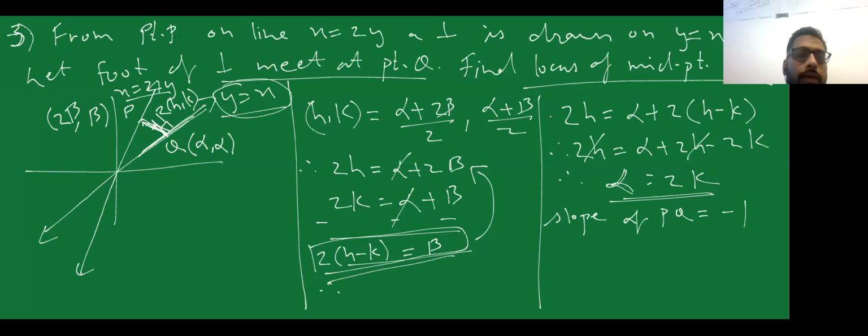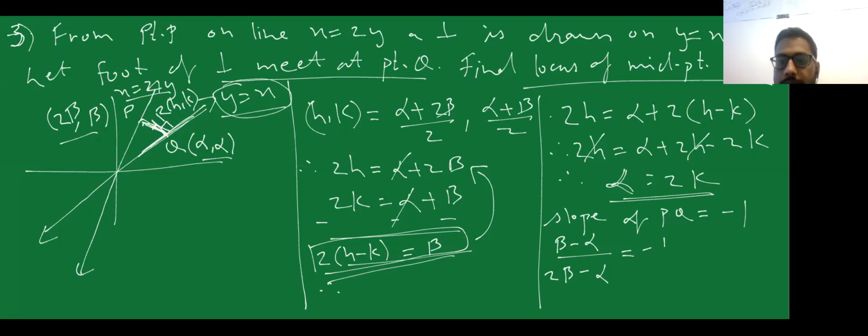But now I have the coordinates of my line PQ. Slope of PQ is obtained by using the formula y2 minus y1 upon x2 minus x1. So y2 minus y1, that would be beta minus alpha, upon x2 minus x1, that is 2 beta minus alpha, which is equal to minus 1.